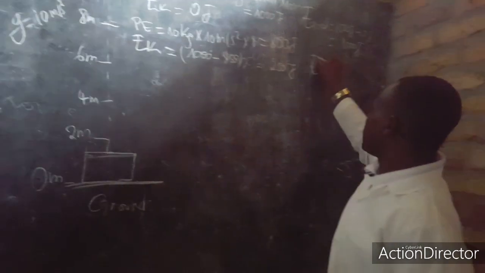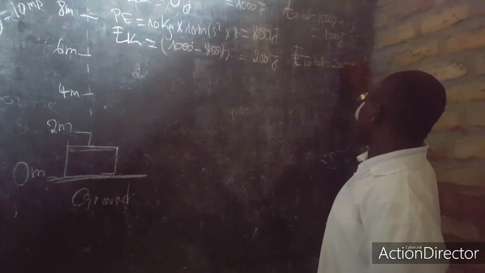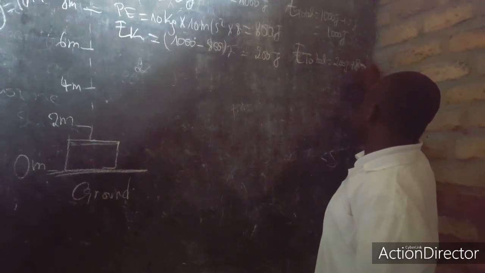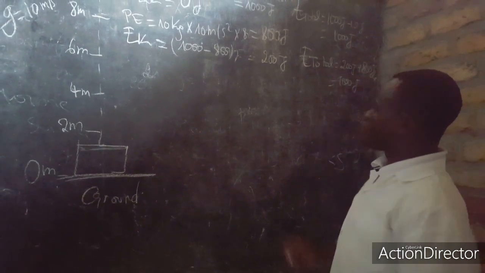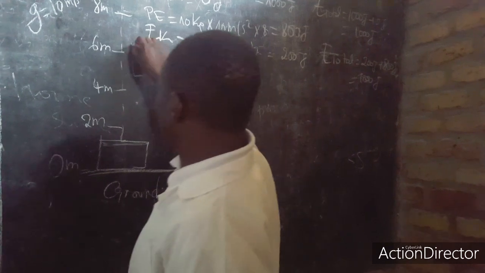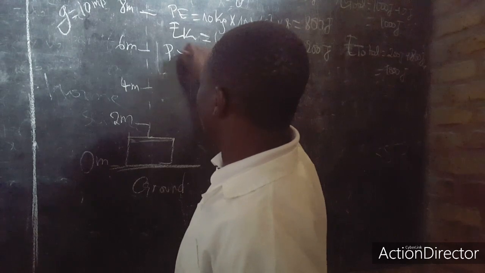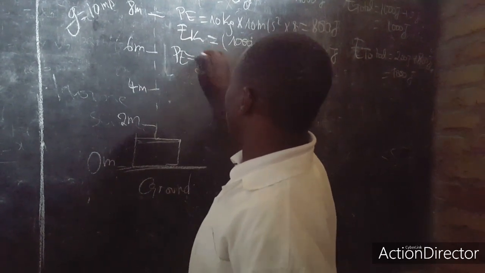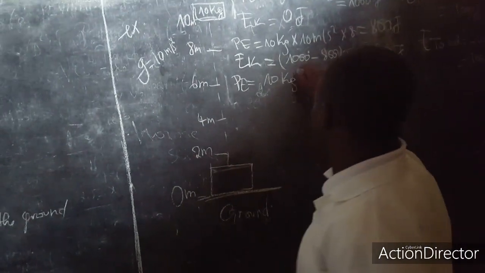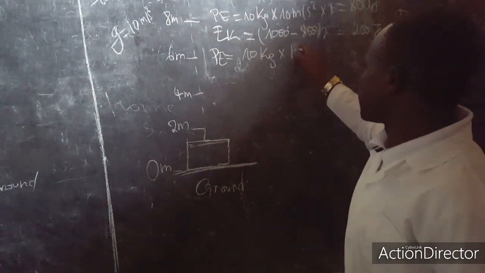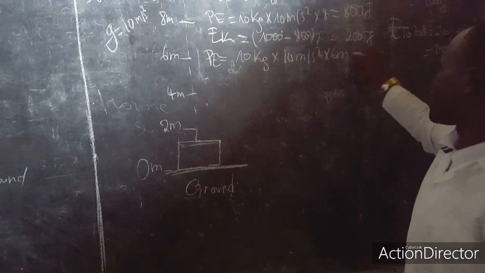When we take the summation, we have 200 joule plus 800 joule, which is 1,000 joule. When we consider the point of 6 meters, potential energy will be given by the mass of our body, 10 kilograms, times g, 10 meters per second squared, times 6 meters.